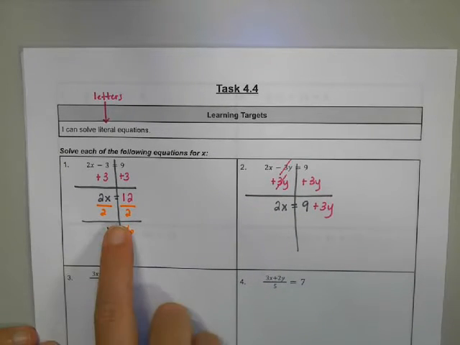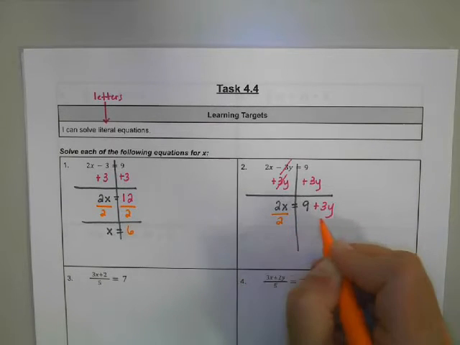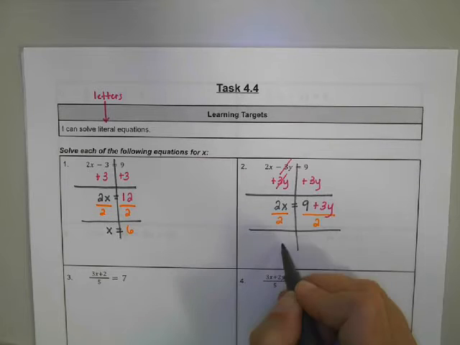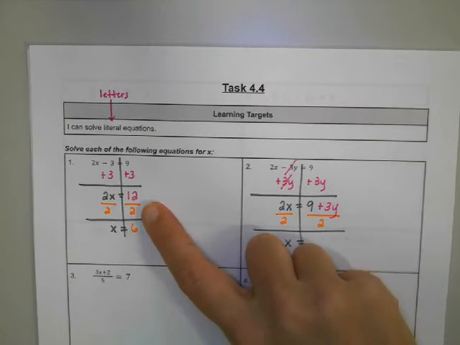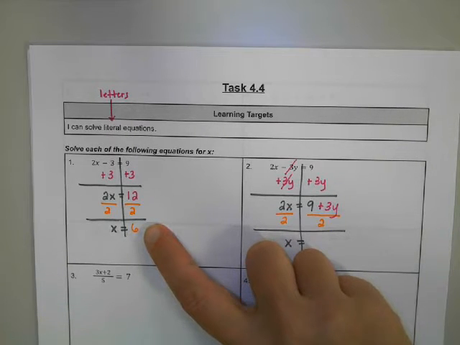Now the next step in this problem was to divide by 2 on both sides. And we're going to do the same thing in problem number 2. We're going to divide by 2 on both sides. So I'm going to get x equals, now in problem number 1, we were able to actually compute 12 divided by 2. We could calculate that and get 6.